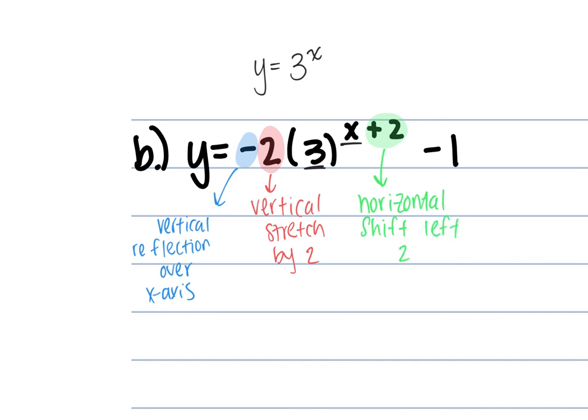It's horizontal because it's part of our exponent. It's a shift because it's adding 2, and it's to the left because we're in opposite world. And the last one. Grace. Vertical shift down one. Excellent. It's a vertical shift. Yep.